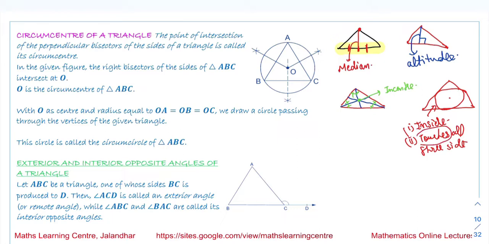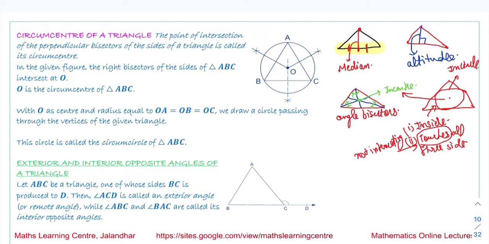It touches, it is not intersecting. There is a difference between these two things that you will learn in your next chapters. So we are saying this circle is called the incircle, and basically the center of this circle is the incenter that we have obtained from the angle bisectors.